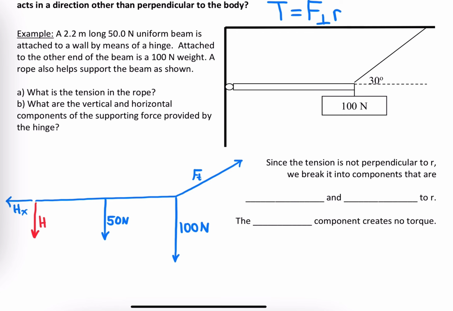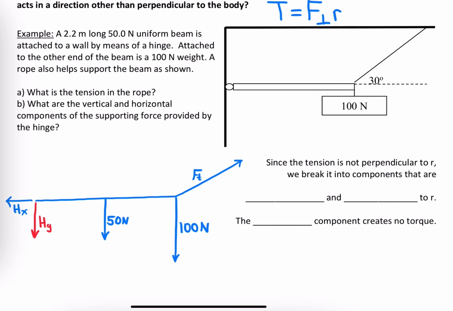Hinge force in the y direction. And the only reason I've done that in red is just to remind us that this is actually the wrong direction. So we're going to look at it later, but it's okay that we've assumed the wrong direction. The problem's going to fix itself later on. That was just a side point I wanted to make here. It's not the main part of this problem.